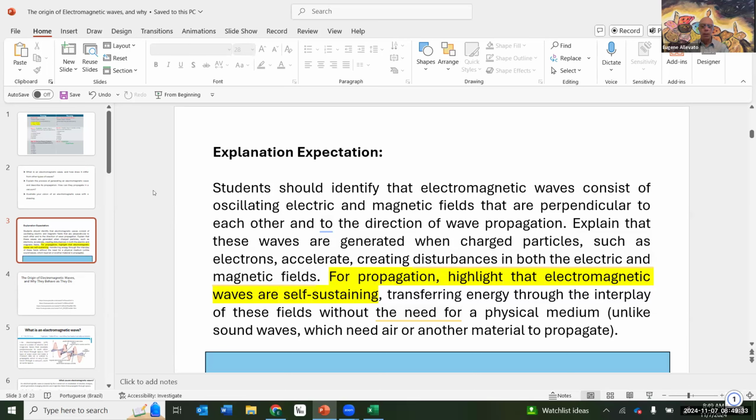Now, the idea that the electromagnetic wave is self-sustaining, we have two things happening there. One is an electric field that is changing, and the other one is that the magnetic field is changing.